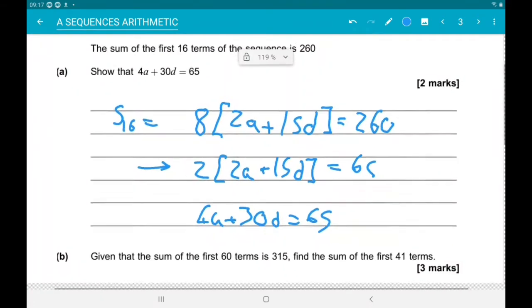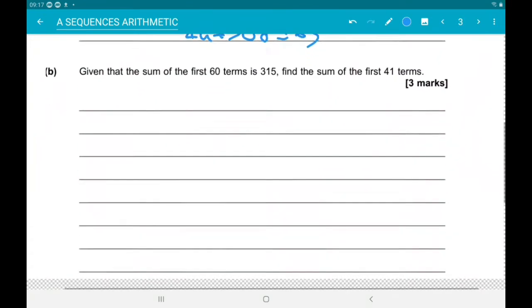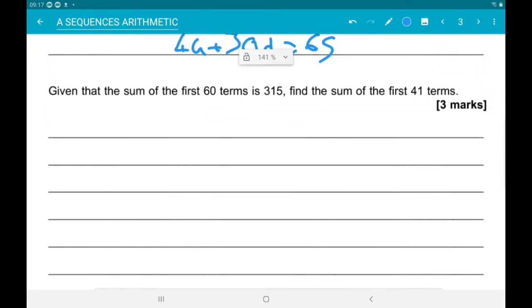Okay then, part B. Given that the sum of the first 60 terms is 315, find the sum of the first 41 terms. Alright, so we can do the same as we just did with the 60 terms.